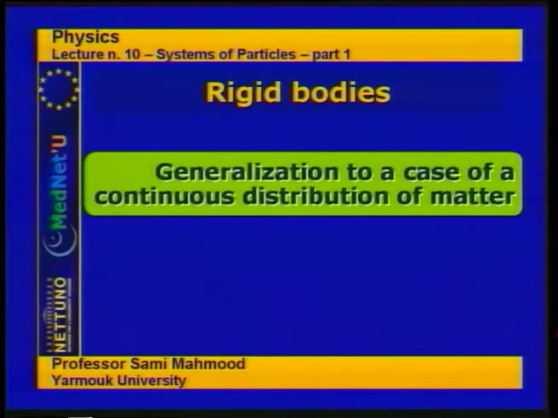Suppose, on the other hand, that we have a system that consists of a continuous distribution of particles, a continuous distribution of matter in space. Like, for example, a stone. We cannot distinguish a number of particles that are located at different locations in space. We cannot identify the stone as being different point-like masses.